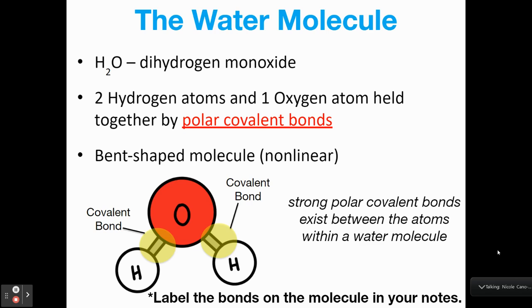Pole as in, positive on one side, negative on the other. Now understand the overall charge of this molecule is neutral. But again, because oxygen is not sharing equally, we will see a very slight negative charge on the oxygen side and a very slight positive charge on the hydrogen side, and that's what creates a polar covalent bond.